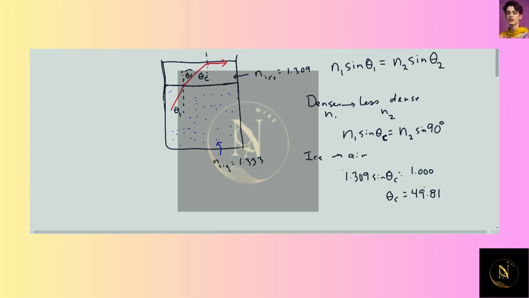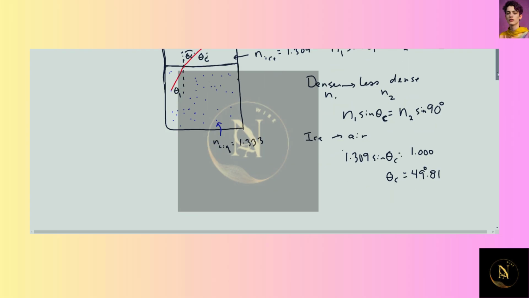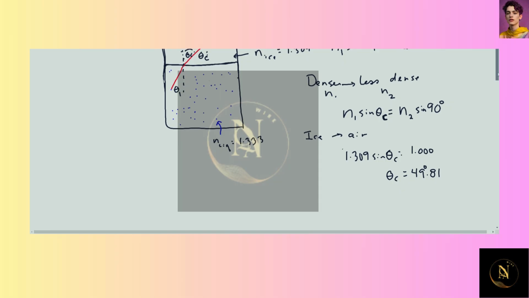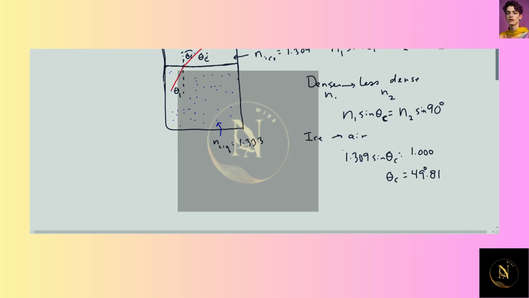Pointing out in my figure, the theta critical for the ray of light inside the ice is 49.81 degrees, in which case it comes out into the air at a 90 degree angle. Okay, let's now compute the angle that the ray must be coming into the water.